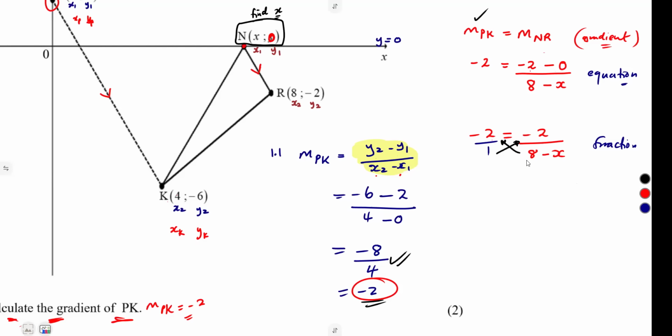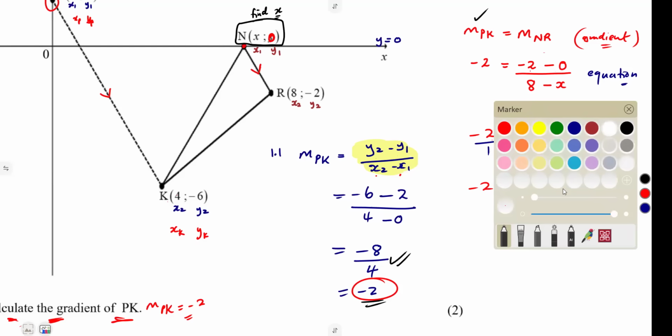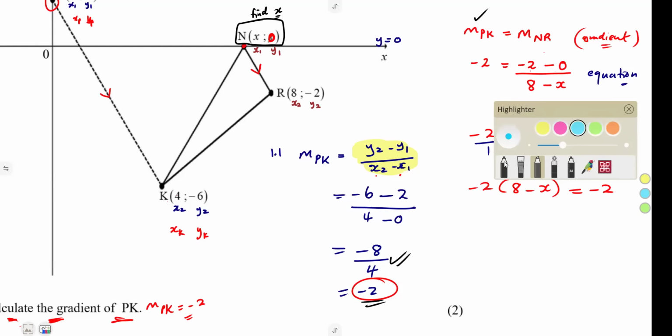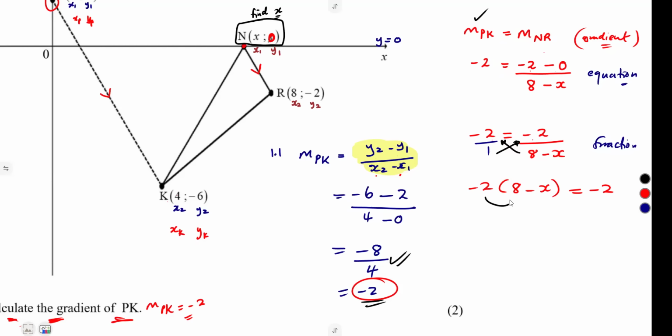So negative 2 into 8 minus x is equal to 1 times negative 2, which is negative 2. So simply expand the brackets, distribute throughout by the negative 2 that is outside. So that's negative 2 times 8, which is negative 16. Then negative 2 times x is positive 2x, and that's equal to negative 2.